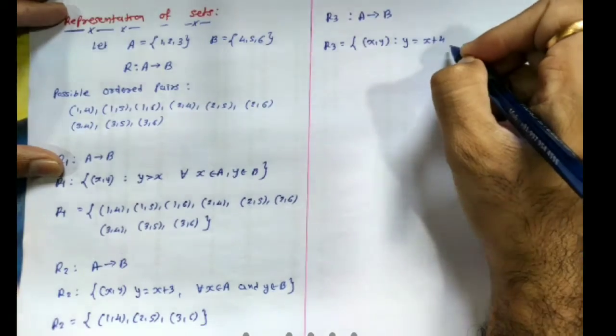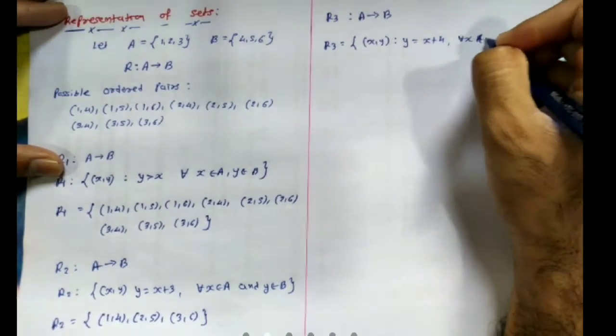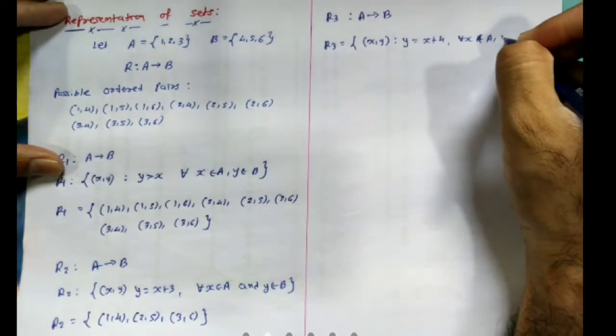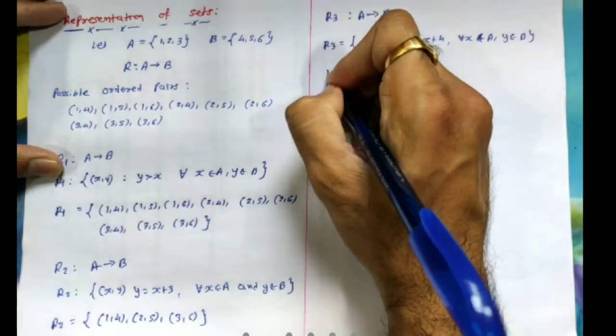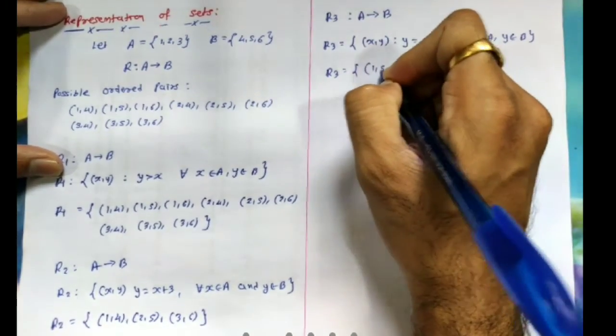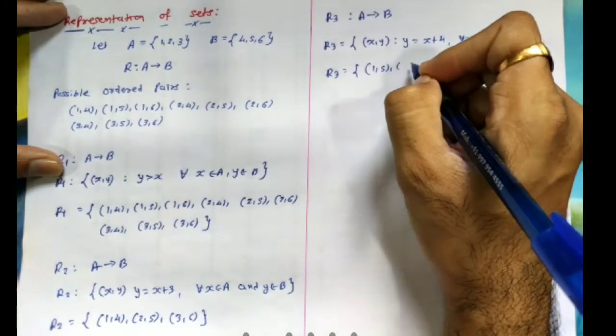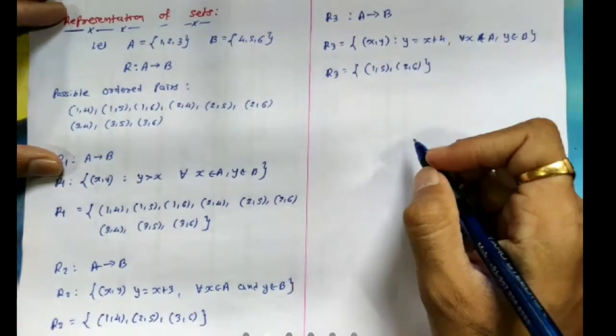The second element is 4 greater than the first element, where the first element belongs to set A and the second element belongs to set B. So for this R3, our set of ordered pairs is (1, 5) and (2, 6).